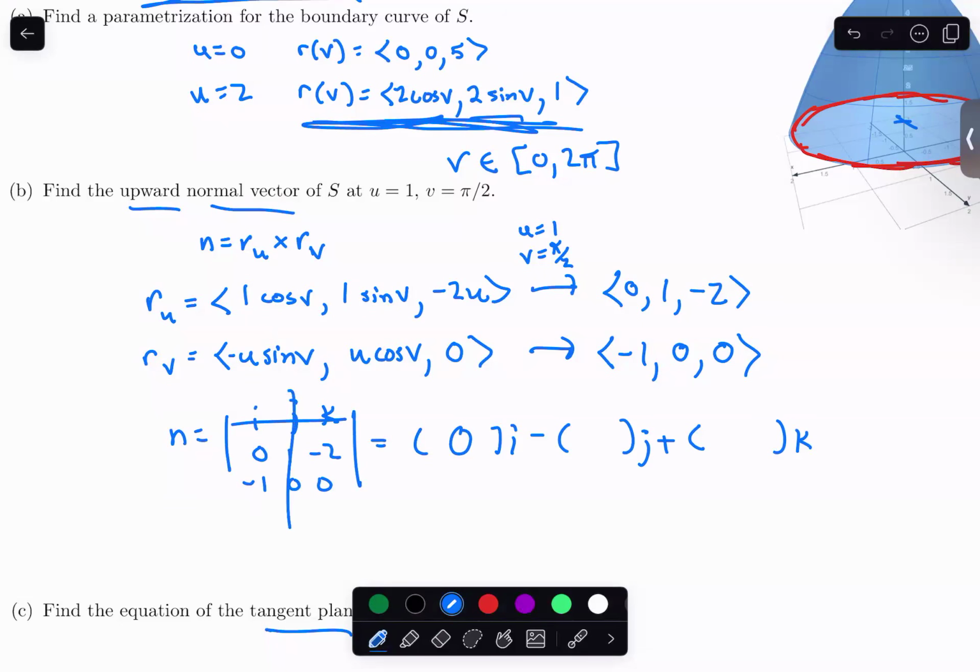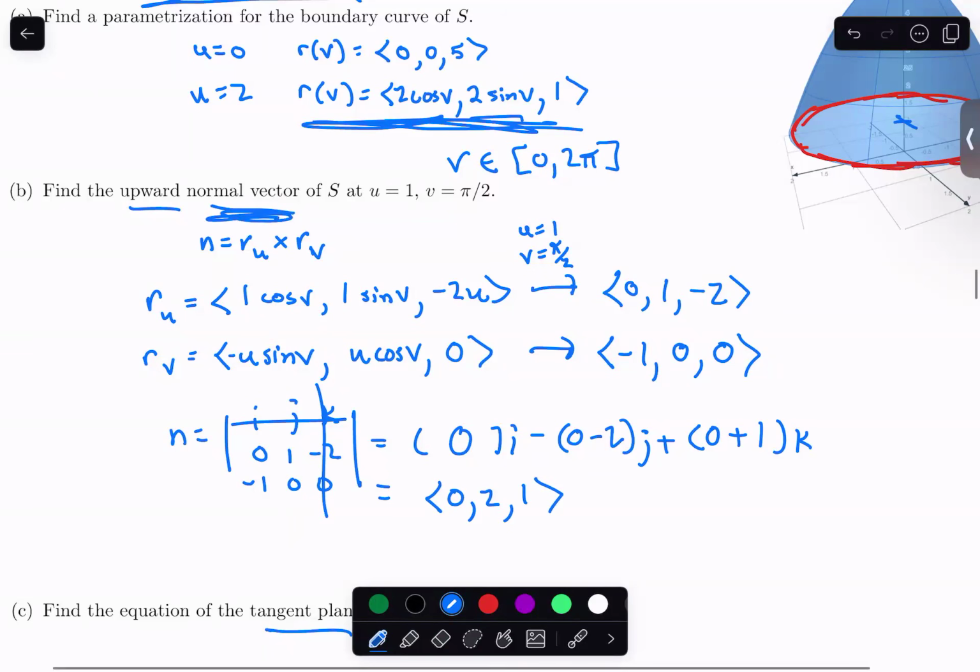Cross out our first row, second column, looks like we got 0 minus, and then negative 2 times negative 1. So that's going to be 2. There's a ton of negatives here. And then finally, when I cross off my first row and third column, it looks like I'm going to have 0 minus negative 1, so 0 plus 1. So my normal vector here is going to be 0, 2, 1.